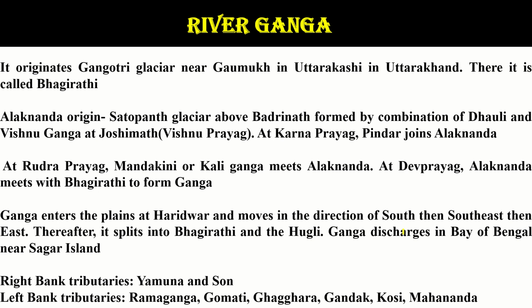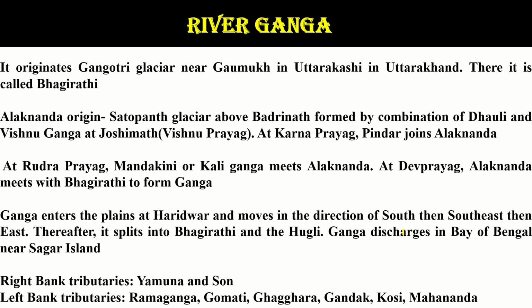Now, with special mention, we will study River Ganga. River Ganga, you know, the principal river of our country, India. It originates in the Gangotri glacier near Gomukh in Uttarkashi in Uttarakhand. Each line here is very important.